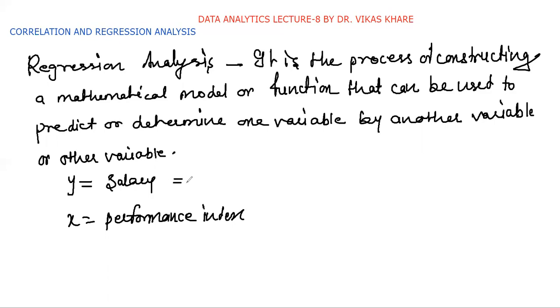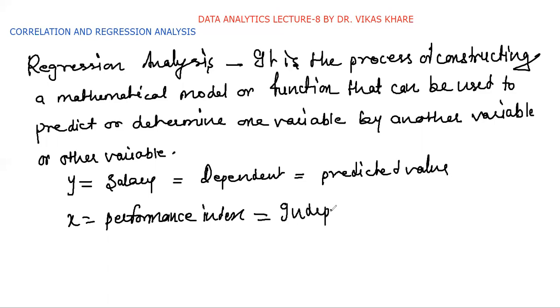So in that case, the salary is the dependent variable, or in the terminology of regression analysis, it is called the predicted value, and performance index, the independent parameter, is also known as the predictor. So the dependent variable is the predicted value, and the independent variable is given by the predictor.